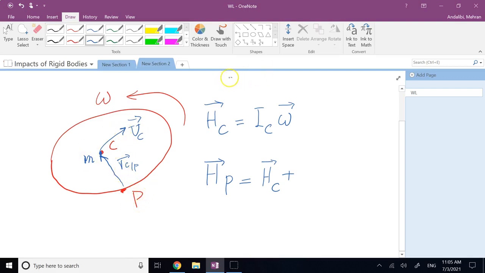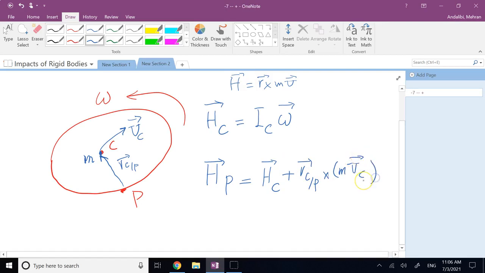You know the definition of angular momentum was r cross mv, correct? That's the original definition. So it is equal to r of C with respect to P cross m times the velocity of that point, which is v of C. Again, what I have done here is called transfer of angular momentum.